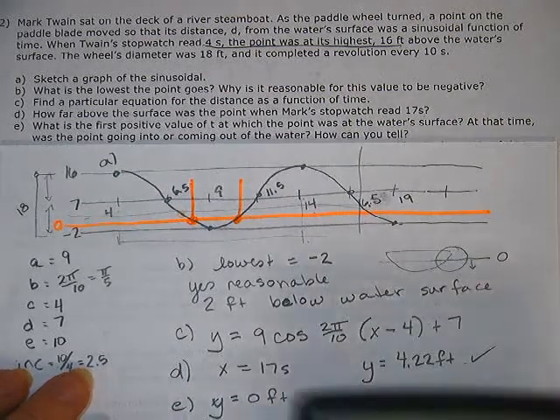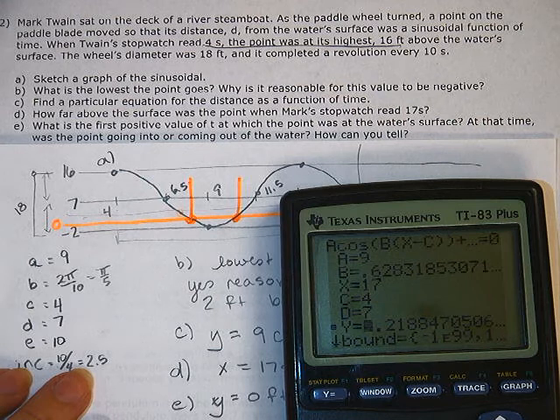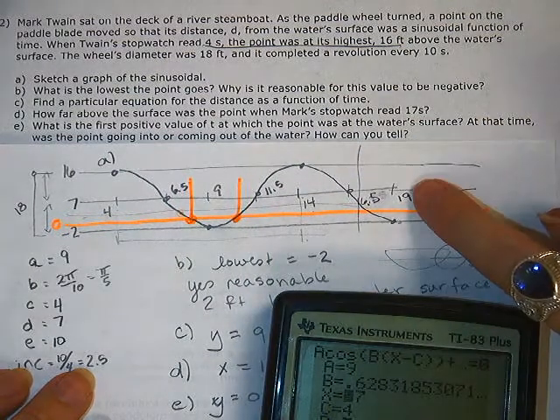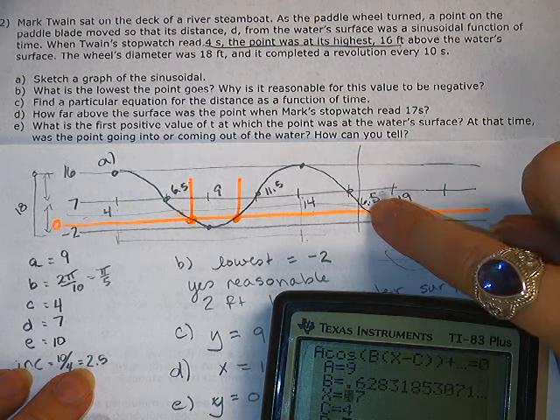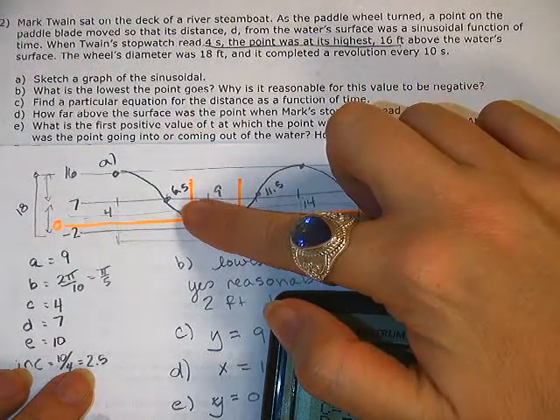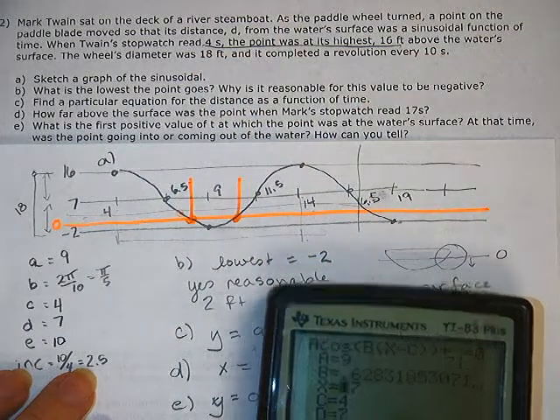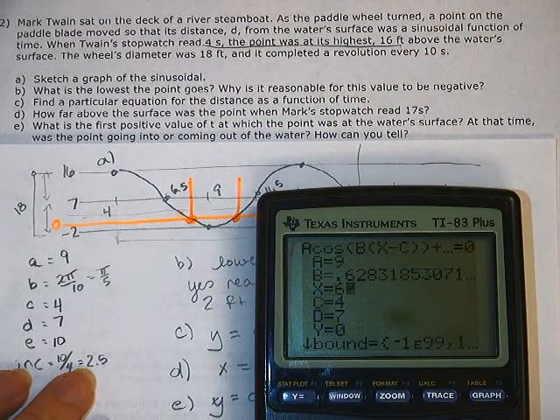So I'm going to put in 0 for y, and then look for my x value. But I don't want it to be close to 17 over here, because that's not the first time it goes in the water. I want the first time over here. So I'm going to guess that it's close to 6.5, and then solve.